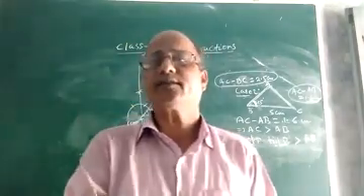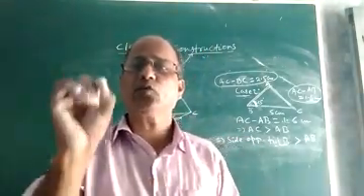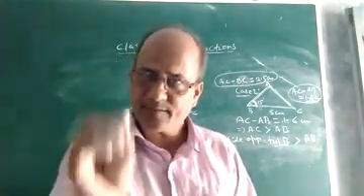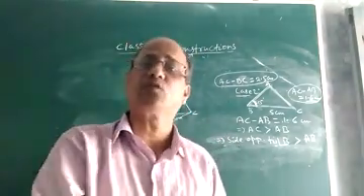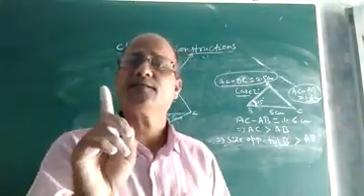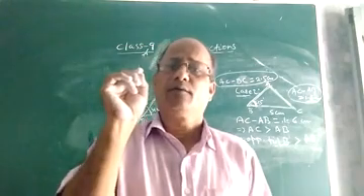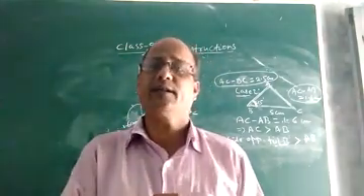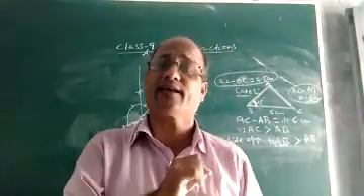Once again I am summarizing the thing. In order to construct a triangle whose base is given, one base angle is given, and the difference of the other two sides is given, there are two things you have to remember. The first thing: whatever angle is given, look at the side opposite to the given angle.